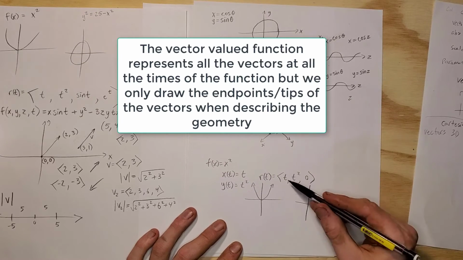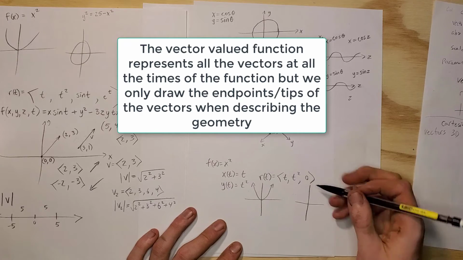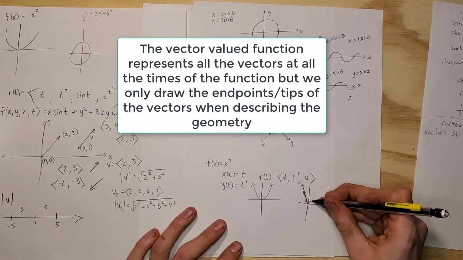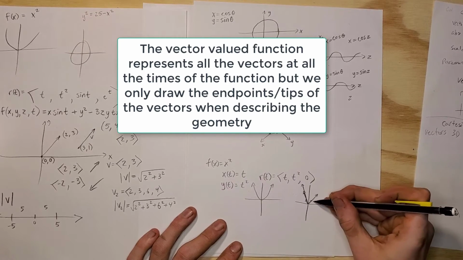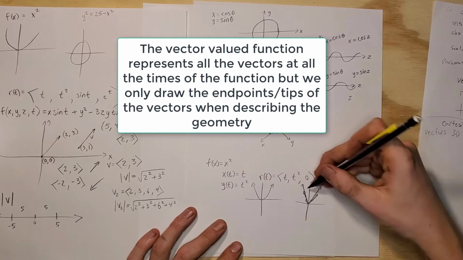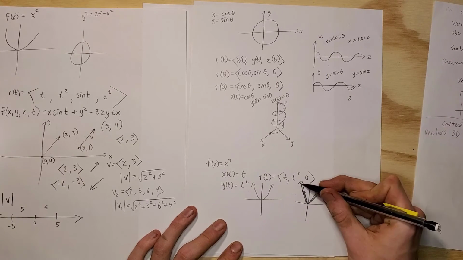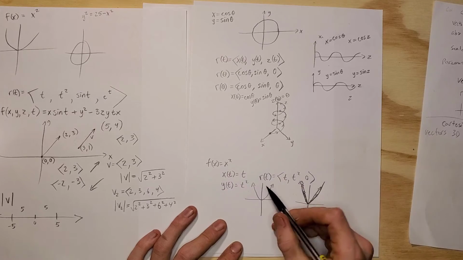If you plug in -1, you'd have -1, comma, +1. If you plug in +1, you'd have +1, +1, then +2, +4, and +3, +9. The endpoints of these vectors give you the shape of the parabola.